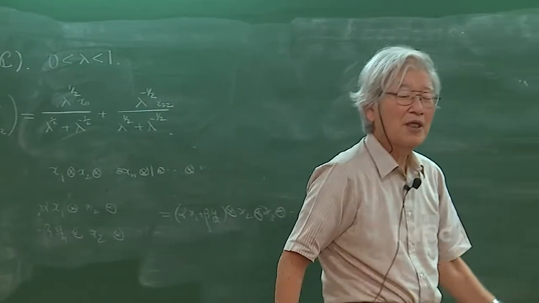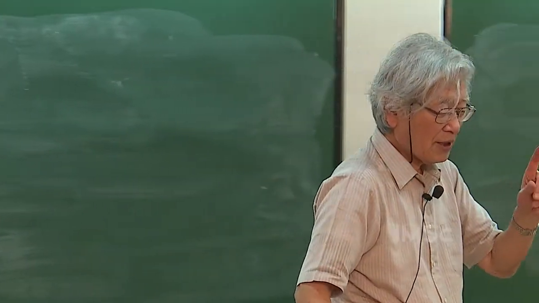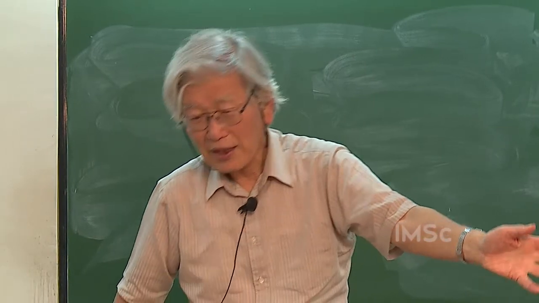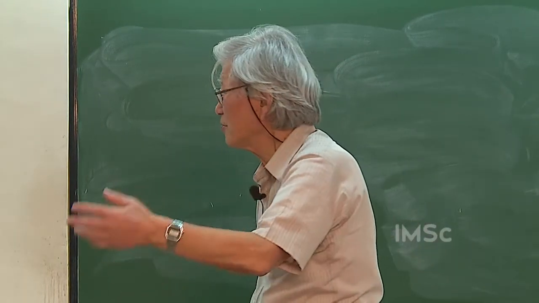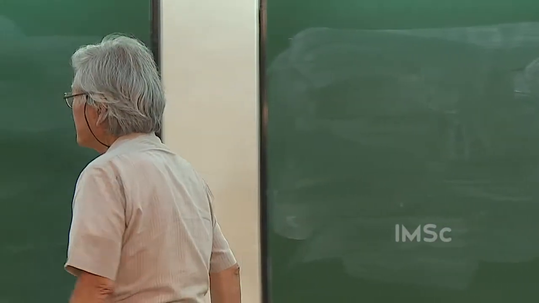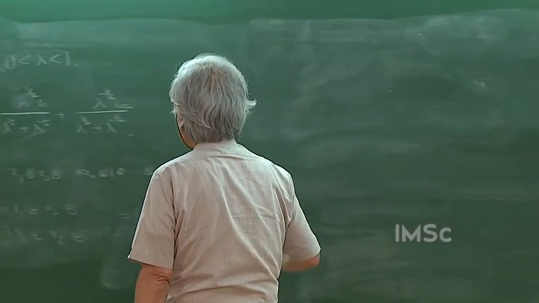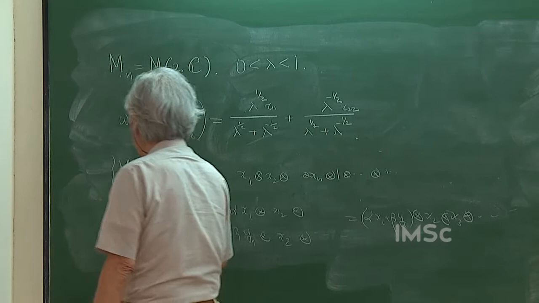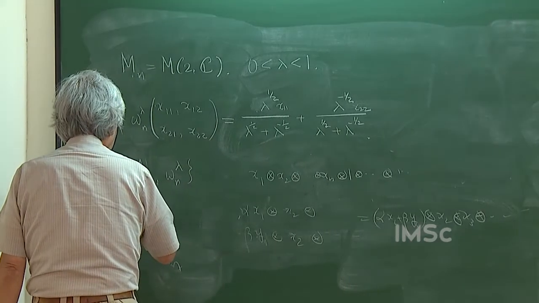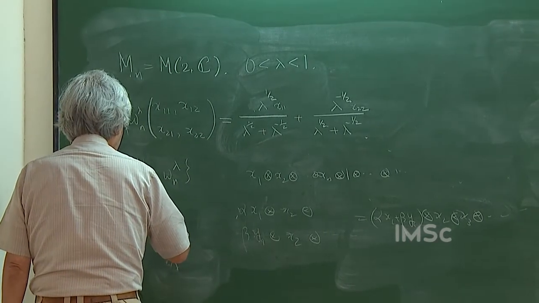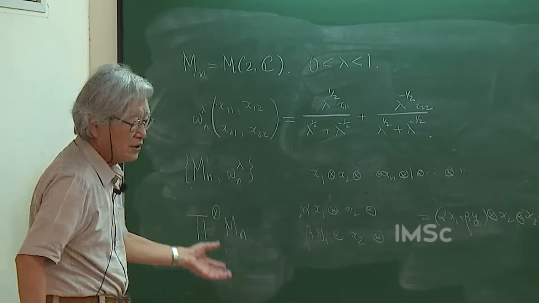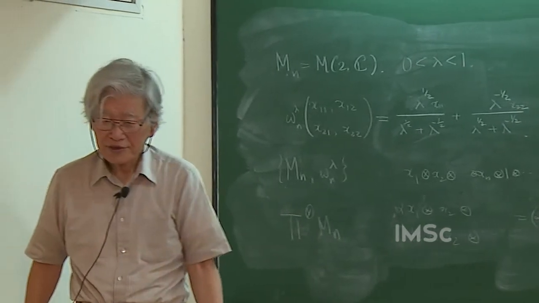Then they become naturally a star algebra. So that's the infinite algebraic tensor product of M_n. And it has a natural star operation.